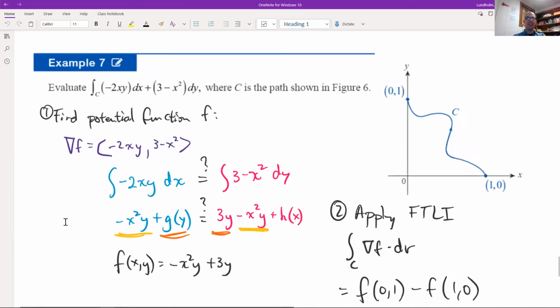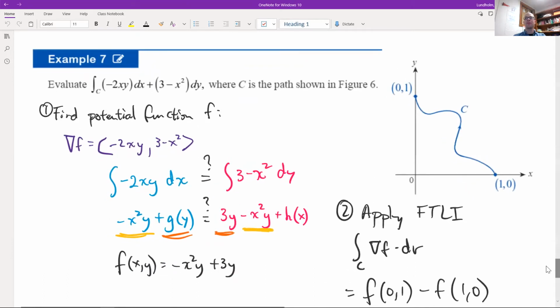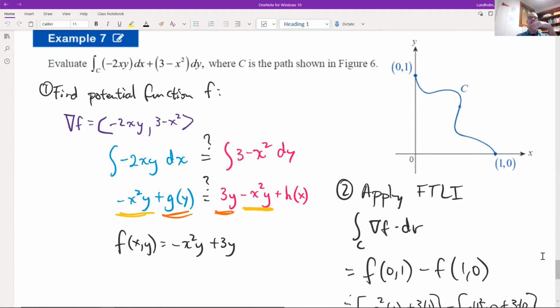I think we have the potential just to talk through this one. All right, example 7. We're given this line integral again in a situation where that dot product has already been taken. What we really need to identify is that this is the x component of the gradient, this is the y component of the gradient, and we need to come up with a potential function. So we would be integrating this first part with respect to x and the second part with respect to y.